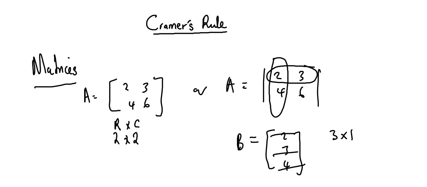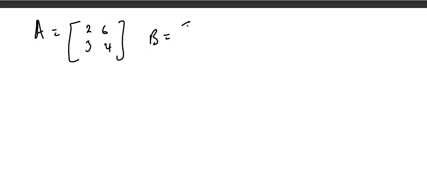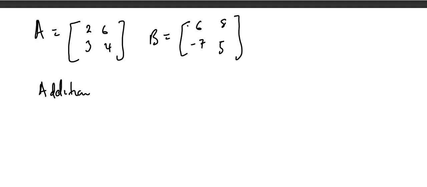Now when it comes to addition and subtraction of matrices, say a matrix A is 2, 3, 6 and 4, and B is 6, 8, -7 and 5.